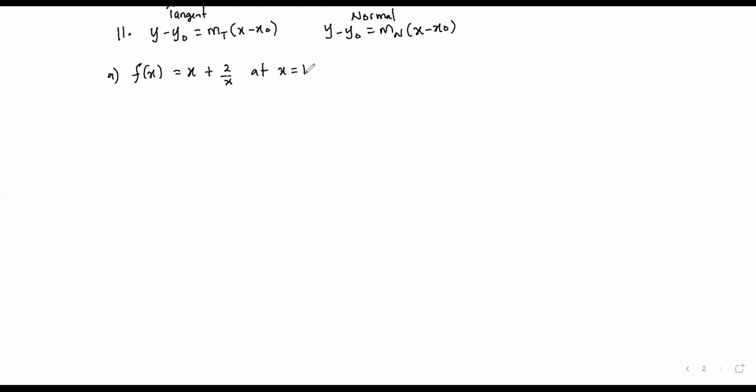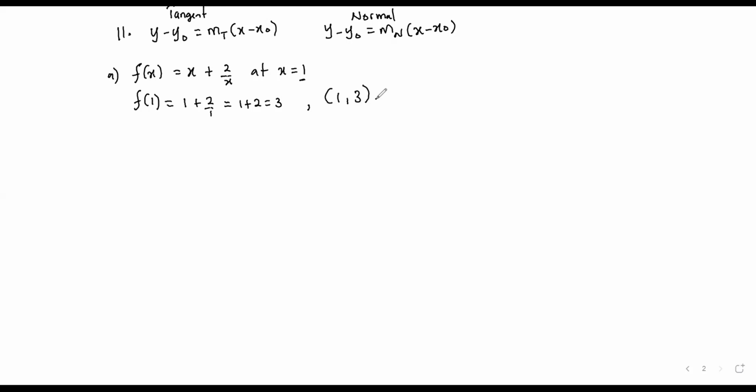The first thing I do before I even start, I need to find a full point that I will call x naught, y naught. By substituting this x in the function I have 1 plus 2 over 1, which is equal to 1 plus 2, which is 3. So the point is 1, 3. That is the given point.